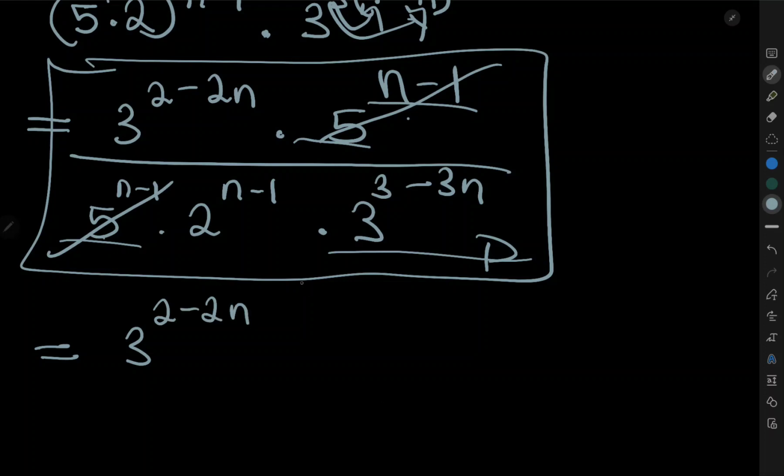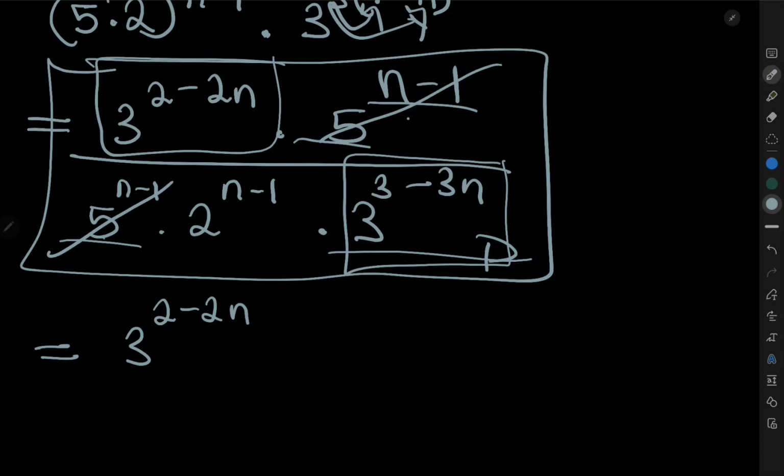So now I take the one at the denominator, and as I said, if we're dividing powers that have the same base, we subtract the exponents. So I'm just going to subtract the exponents in this case. So I'm going to say minus 3 minus 3n, which are the exponents of the 3 at the denominator, right?